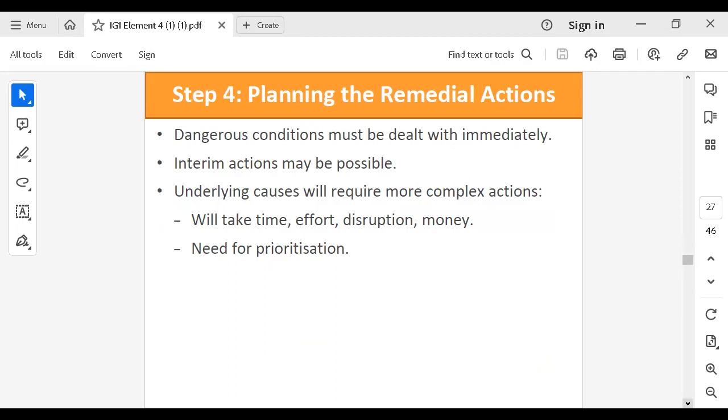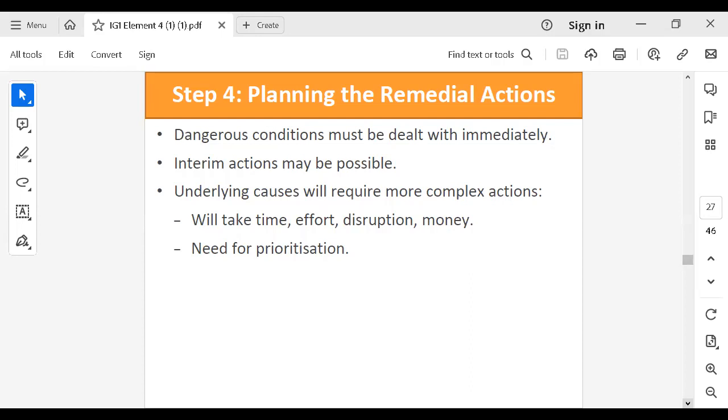Underlying causes will require more complex actions; they will take time, effort, disruption, money, and need prioritization. For these underlying or root causes, complex actions are needed, because they need more time, the business may be disrupted, and they need budget, and we need to prioritize.